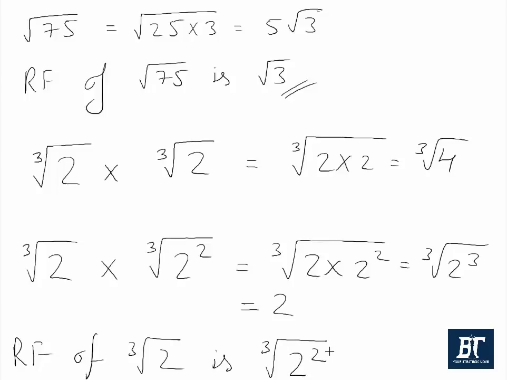or cube root 4. So similarly, if I need to find the rationalizing factor of cube root a, it will be cube root of a square, and vice versa. If you want to find the rationalizing factor of this, the answer will be this.